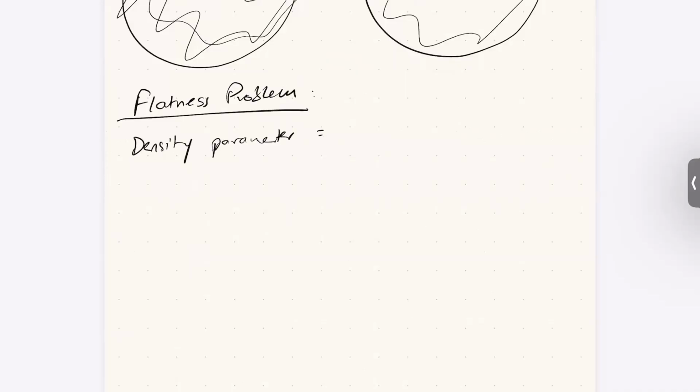Now, this density parameter is given by rho. Okay, so this is the rho, or the energy density, that we have in the universe. And this is rho critical, which is essentially the energy density that you would have if the universe was just flat. Okay. So I can write this density parameter using, what is this called? Omega.